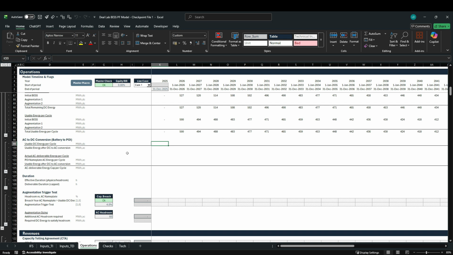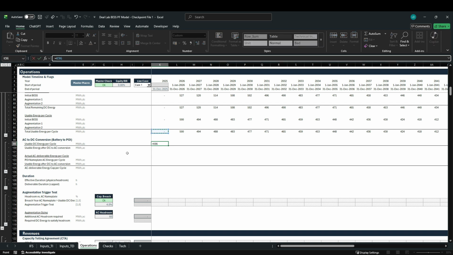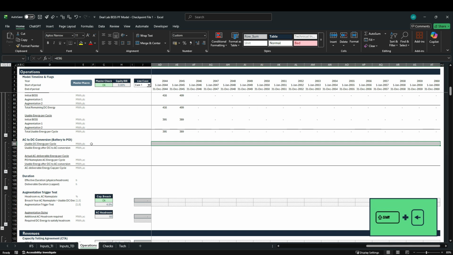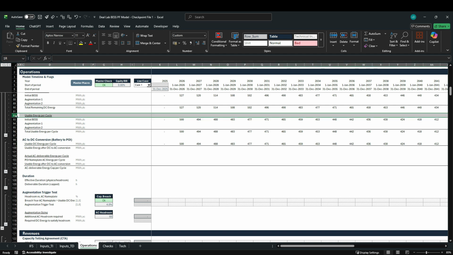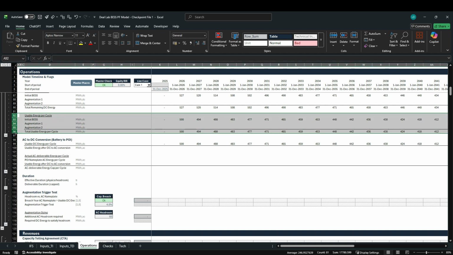This is going to be a very simple linkage to the previous row that we have already calculated in our previous lesson, which is row 96. So hit enter and drag this one over, Control R. And as you can see, for now, the usable energy per cycle in the block up here only considers our initial BESS. In the next lesson, we will also implement our two augmentations. But for now, the initial BESS just degrades without scheduling any further augmentations.